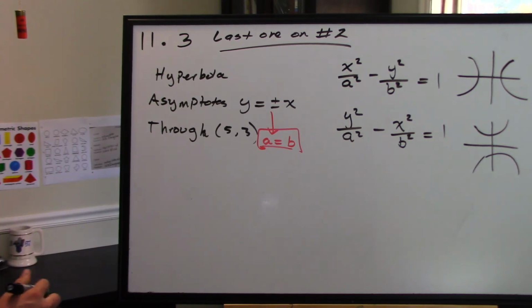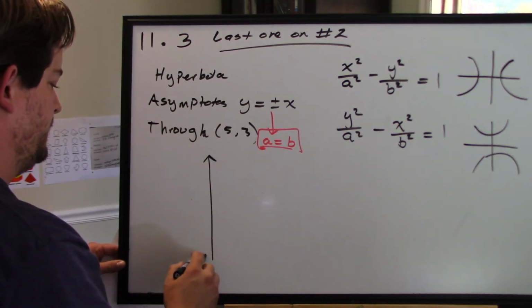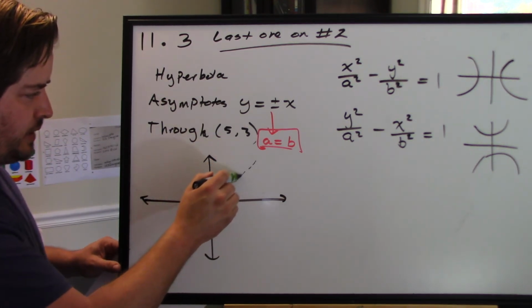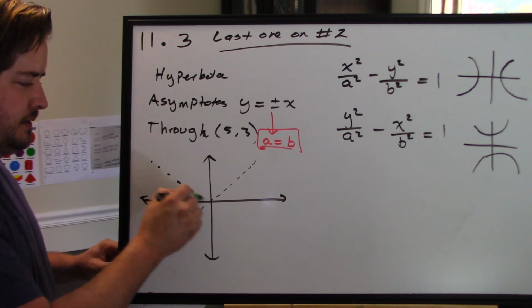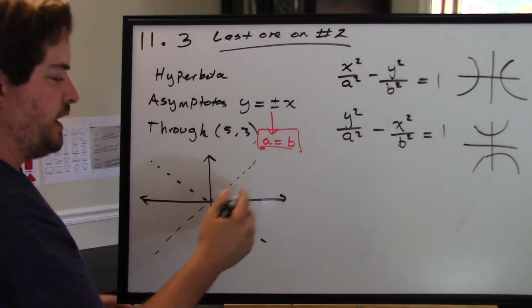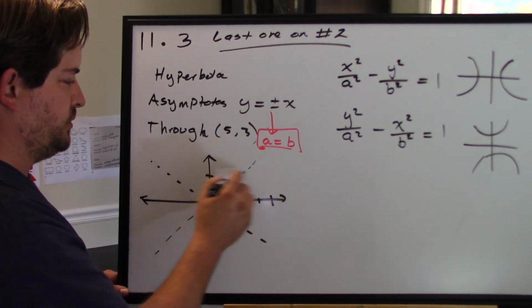And then if I kind of picture out what I'm doing, what I know is that I've got asymptotes of y equals plus or minus x. So that's y equals x. That's y equals negative x. And I know I go through the point 5, 3. So 1, 2, 3, 4, 5, and 1, 2, 3.